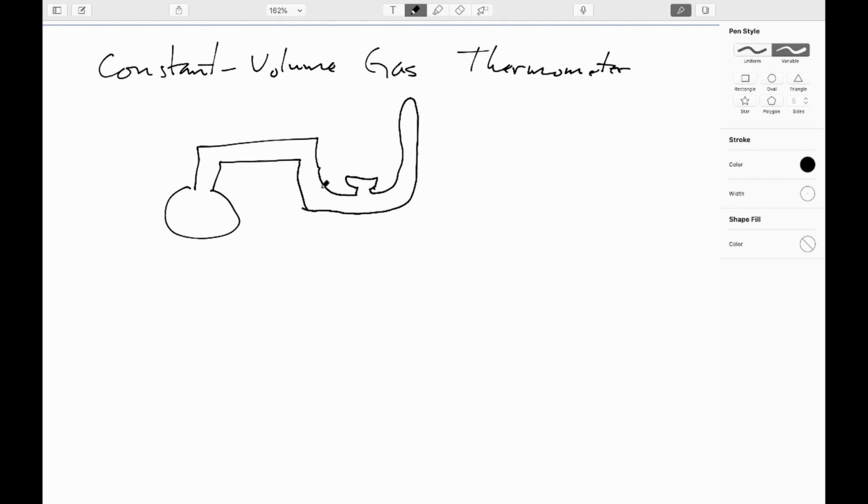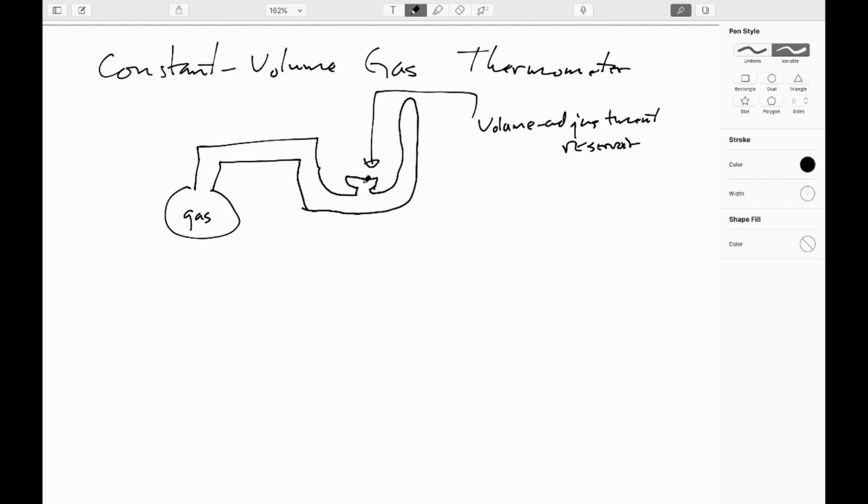All right, now the difference is that you can remove or add liquid here. This is a volume adjustment reservoir. So you can let your gas come to equilibrium at whatever temperature you like.